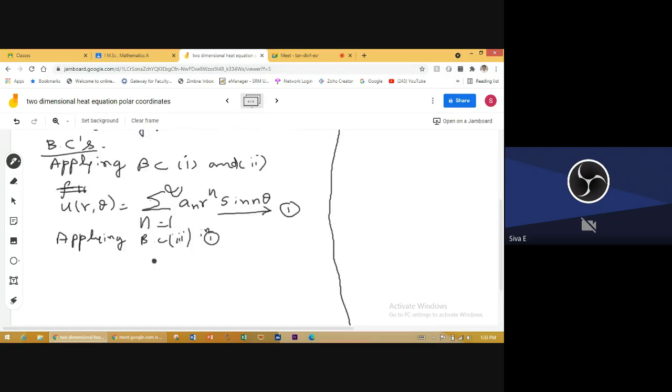what do you get? Substituting a equal to 10 here, u of 10 comma theta equal to summation of n equal to 1 to infinity A n r power n sin n theta. It is capital A n actually.